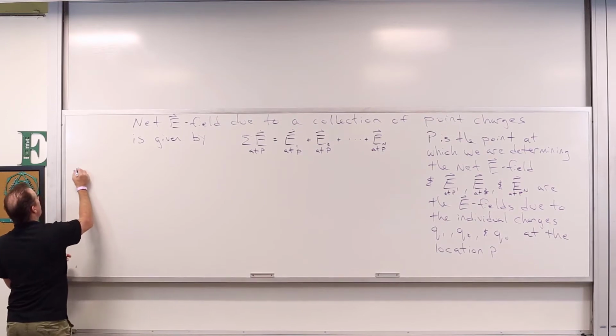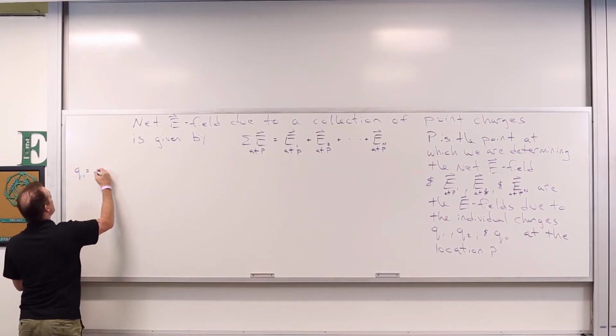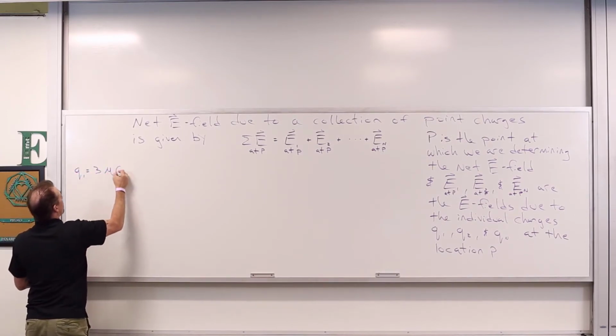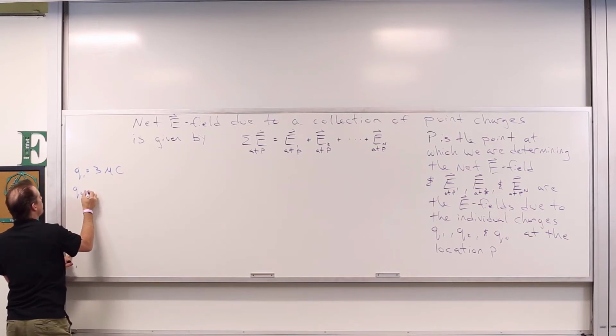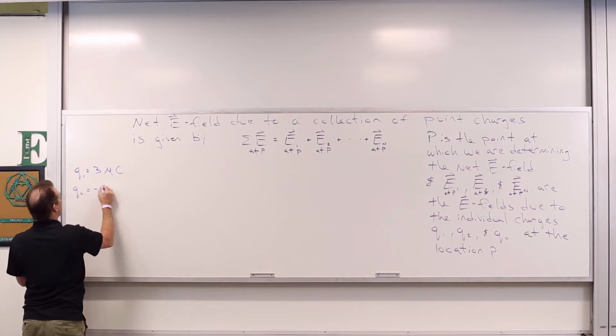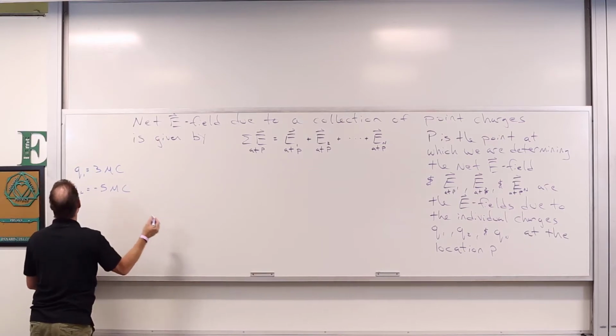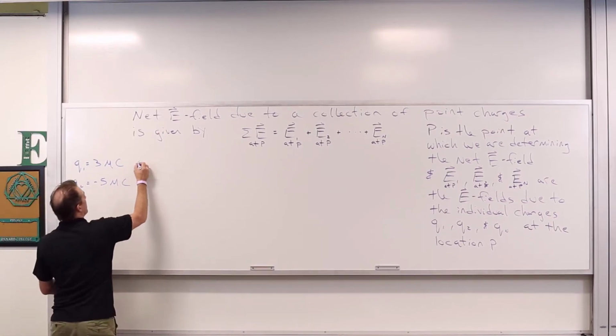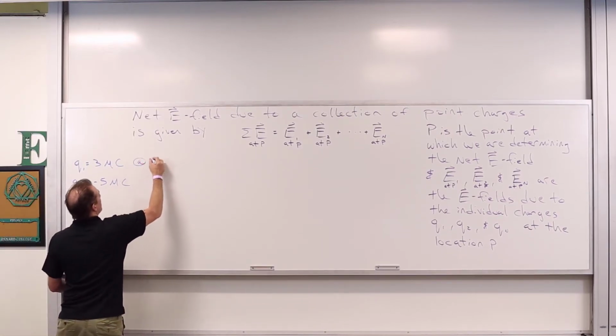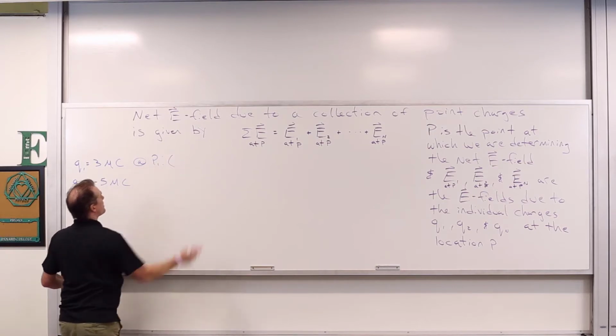So, we're going to take that Q1 is equal to 3 microcoulombs, let's say Q2 is equal to -5 microcoulombs, and this is going to be at P1, which has some coordinates.